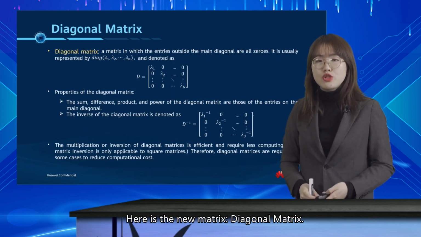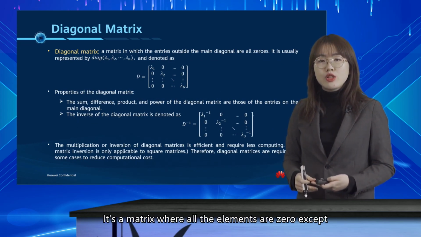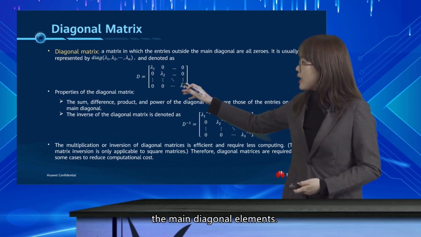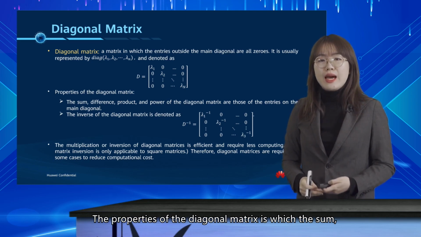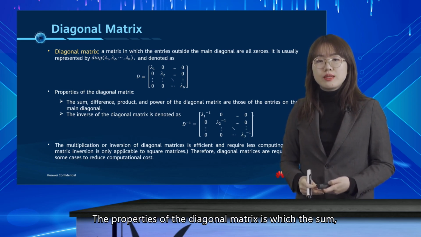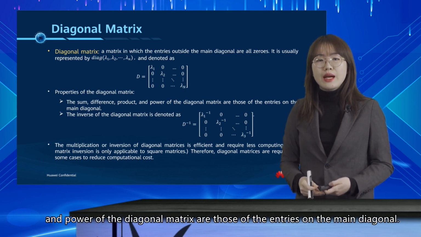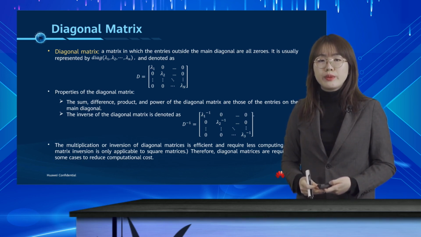Here is the new matrix, the diagonal matrix. It is a matrix where all the elements are 0 except the main diagonal. The properties of the diagonal matrix are that the sum, difference, product, and power of diagonal matrices are those of the entries on the main diagonal.